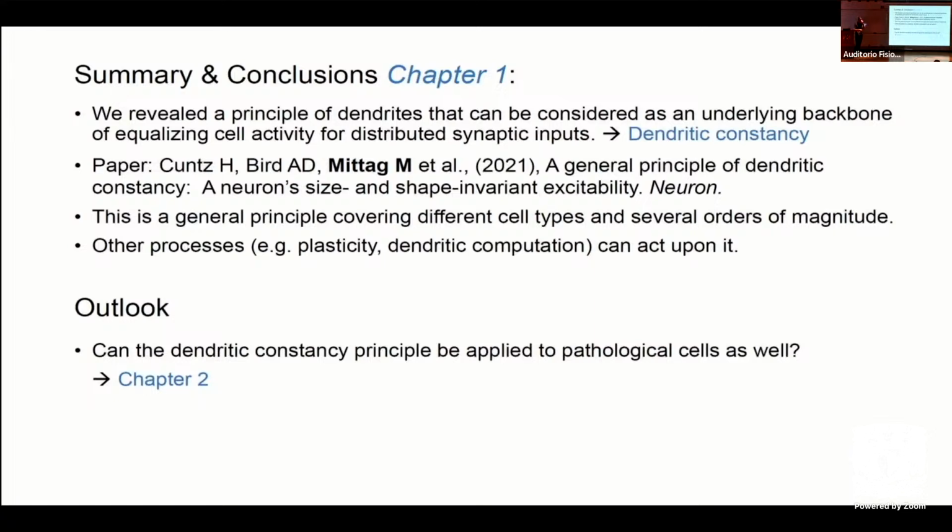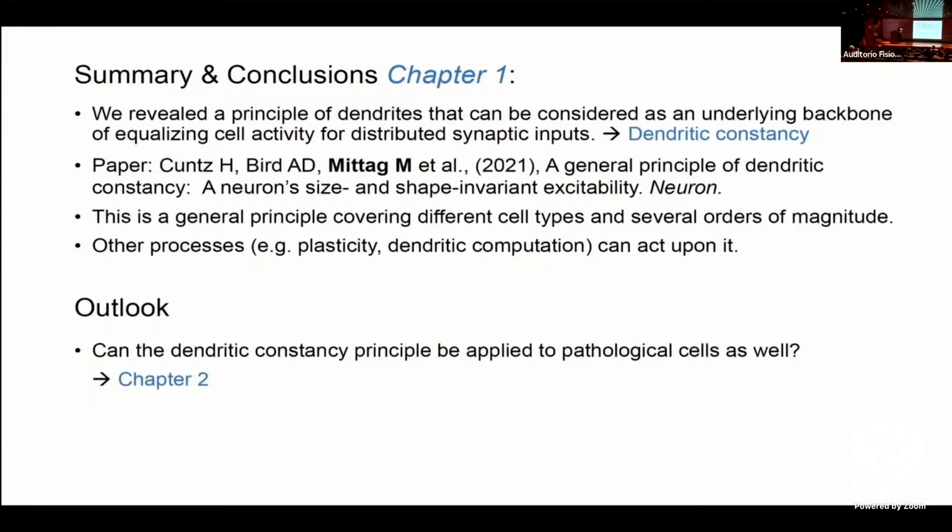Now, oh yes, I'm sorry. The pyramidal cells, both in hippocampus and in the cortex, have different distributions of channels in the dendrites, so they don't have a constant behavior. You mean different individual cells have different sets of ion channels?